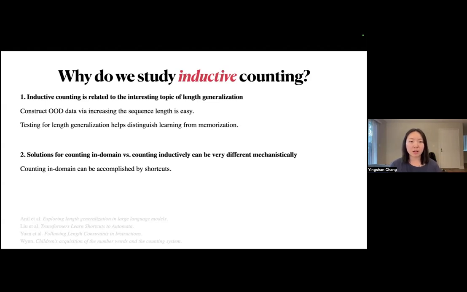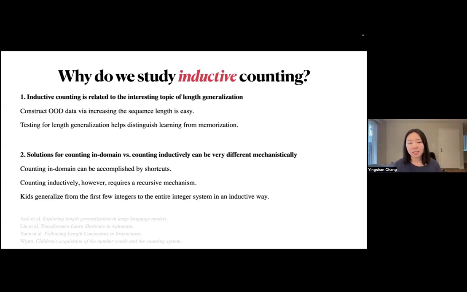Counting in domain can be accomplished by shortcuts, but counting inductively requires a recursive mechanism. In fact, scientists studying how number sense develops in human kids have revealed that kids learn the first few integers as standalone concepts, while after some point they drastically generalize to the entire integer system through induction once they figure out the association between adjacent integers and build it up systematically.